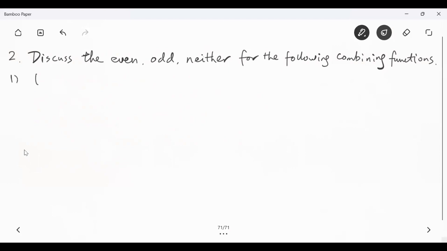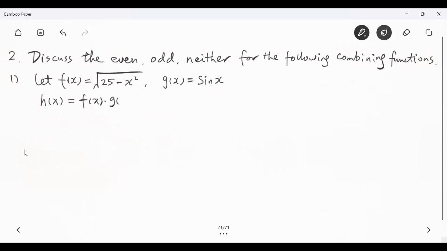Number 1, let f(x) equal square root of 25 minus x squared, g(x) equal sine x. And the combining function h(x) equal f(x) times g(x).